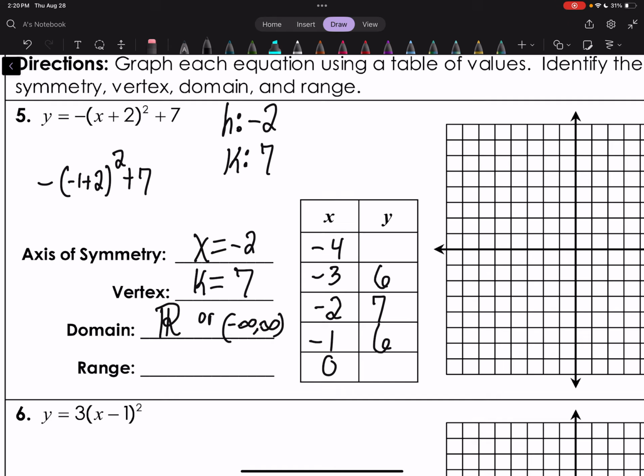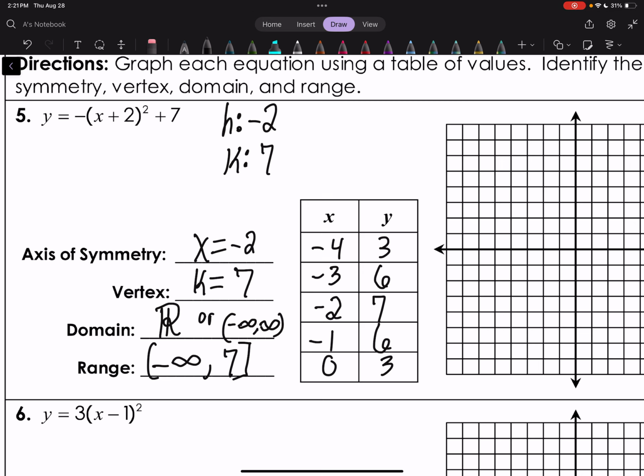If you plug in 0, and I'm not going to write any more out, I just want to show you how I'm doing it. I have 0 plus 2 is 2, 2 squared is 4, negative 4 plus 7 is 3. So we see from my vertex, each number is decreasing. Therefore, my range is negative infinity up to 7.